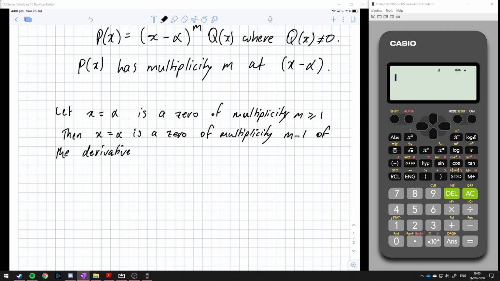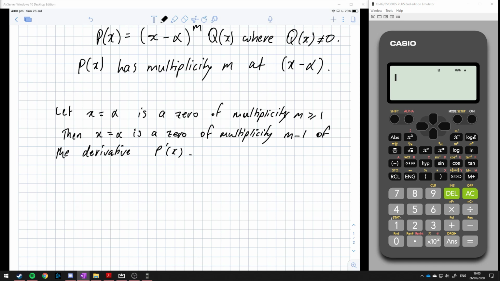of the polynomial. So if we find the derivative of a polynomial and substitute that zero in, it should give us a zero as well, and it should work every single time.